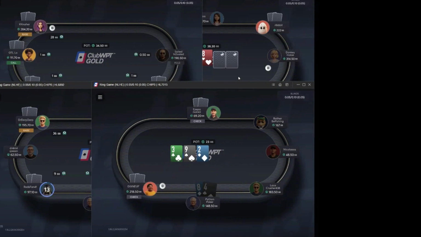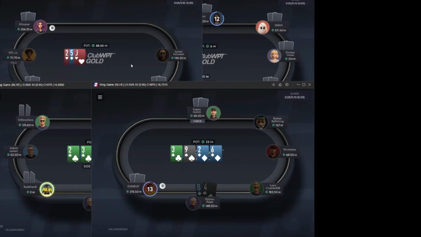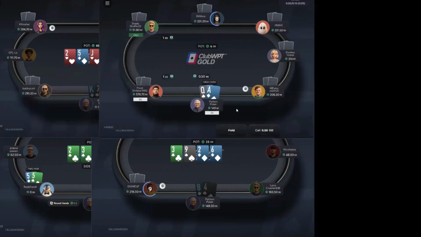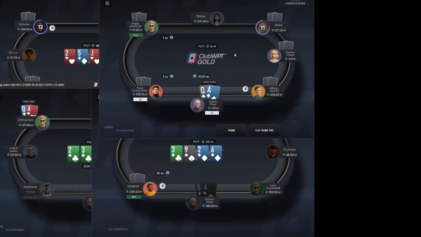But that's one of the spots we're going to try to deviate from instead of making these snap calls there. So let's go ahead and now, since we have our table set up, we will go in depth through these decision points and give you our current thought process on all these spots here.